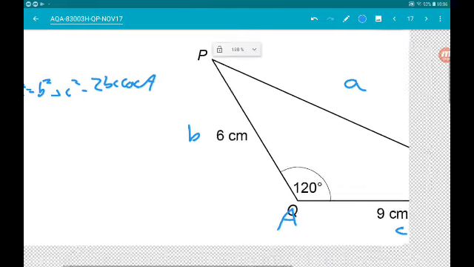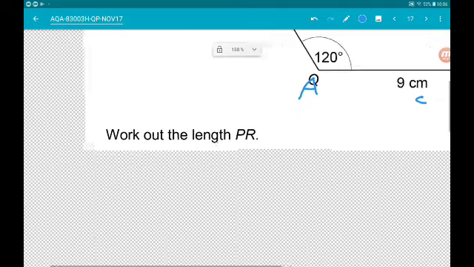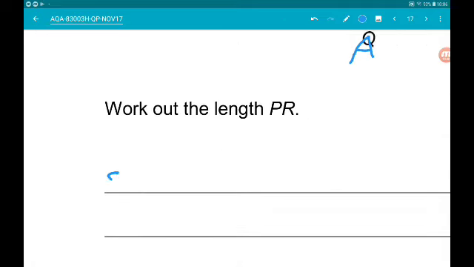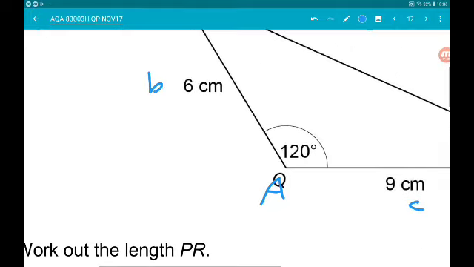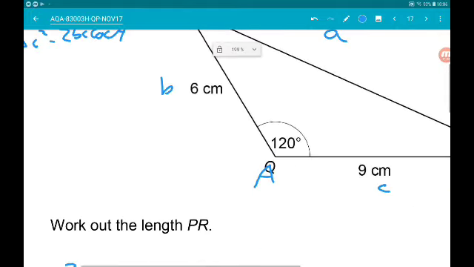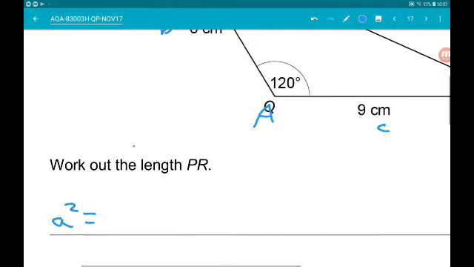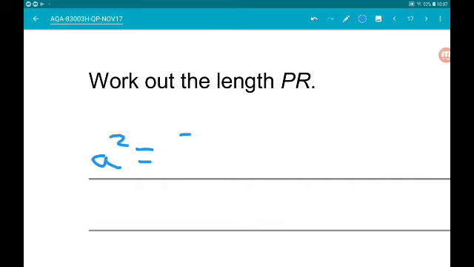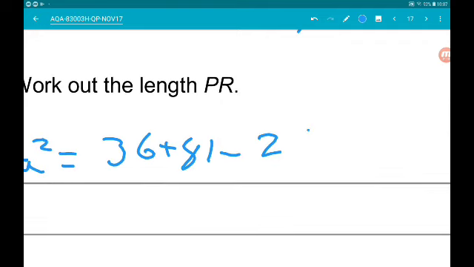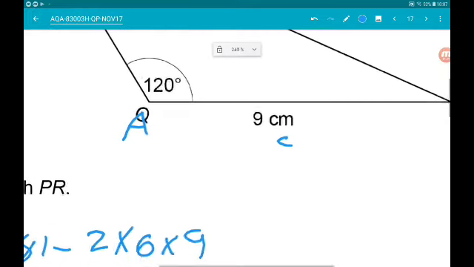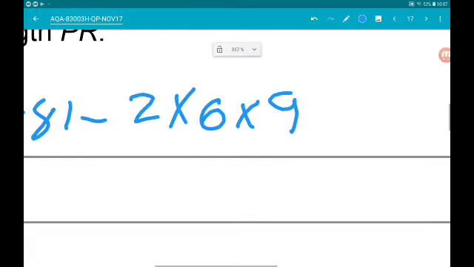So, using our numbers, we get a squared is 6 squared, which is 36, add 9 squared, which is 81, minus 2 times 6 times 9 cos of 120.